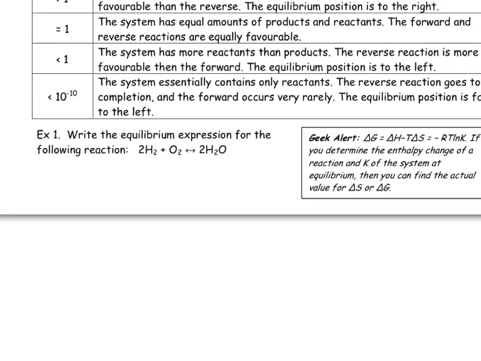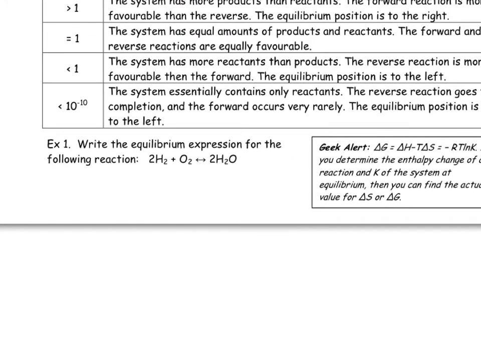Let's have a look at some examples. For example 1, we have to write the equilibrium expression for hydrogen and oxygen producing water. If I'm using equilibrium concentrations, I'm going to write it as a Kc.